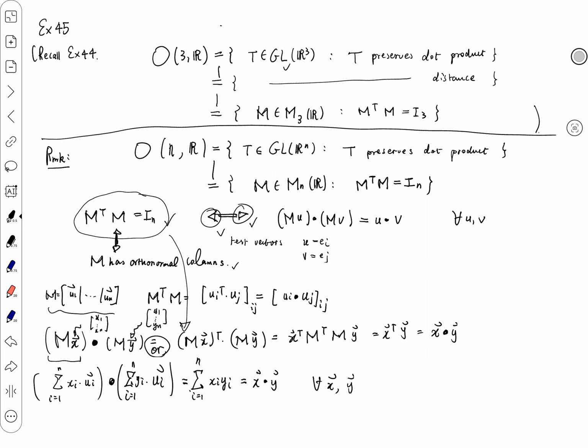Then this is telling you that ei transpose M transpose M ej equals ei transpose ej.